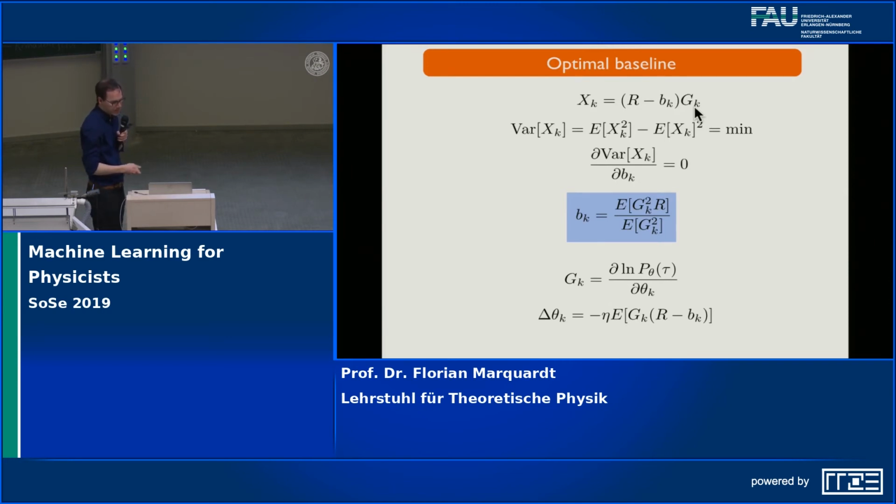Now let us just calculate the variance of X_k. Well, the variance of any random variable is the expectation value of its square minus the expectation value squared, and we want this to be minimum. So this is a function of b. We want to minimize with respect to b. We want to find the best optimal baseline to make the fluctuations really small.